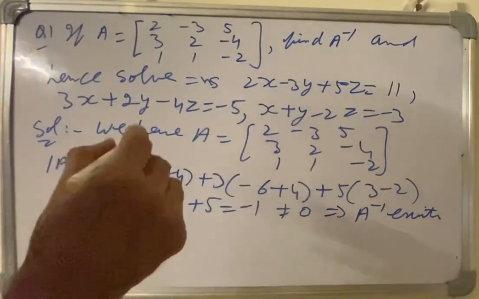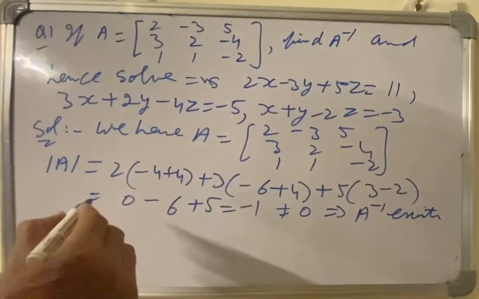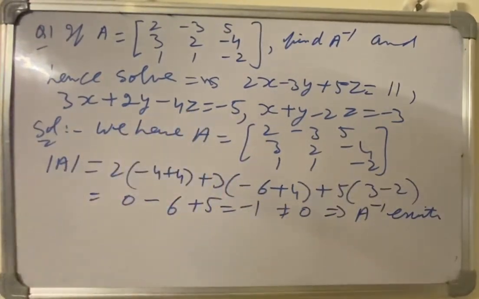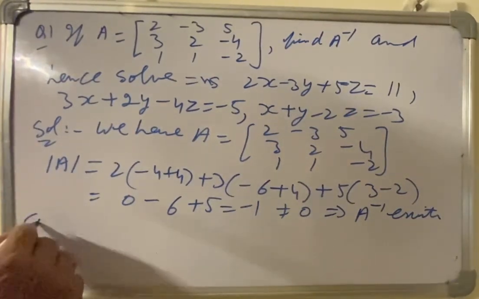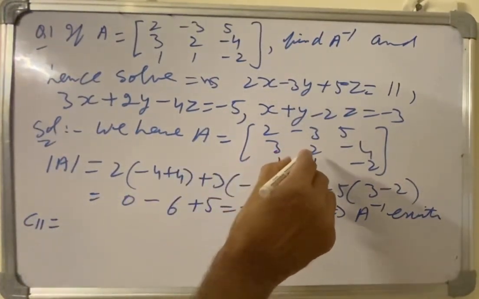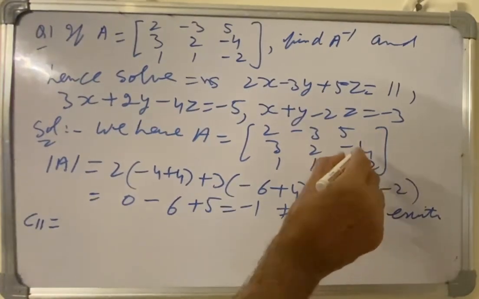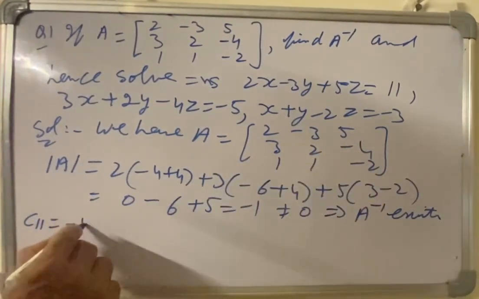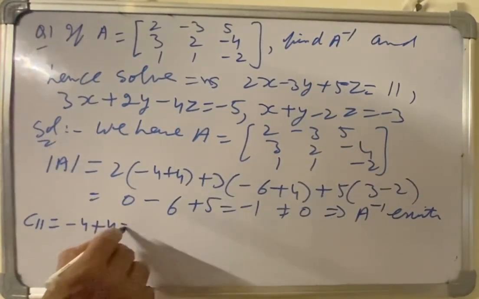Then we find out cofactors of elements of A. First of all, cofactors of elements of first row: C11 is equal to minus 4 plus 4, which is 0.